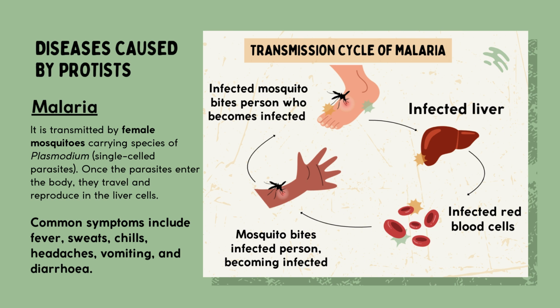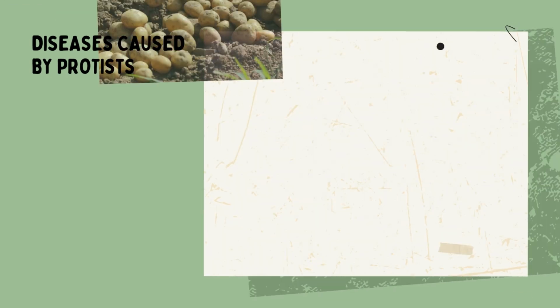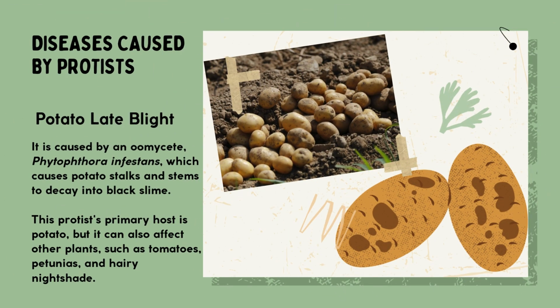An infected mosquito bites a person who becomes infected, with infected liver and infected red blood cells. Potato late blight is caused by the oomycete Phytophthora infestans, which causes potato stalks and stems to decay into black slime.